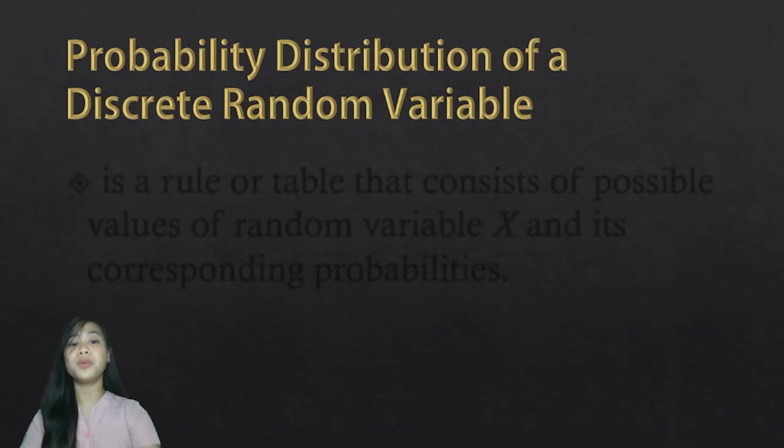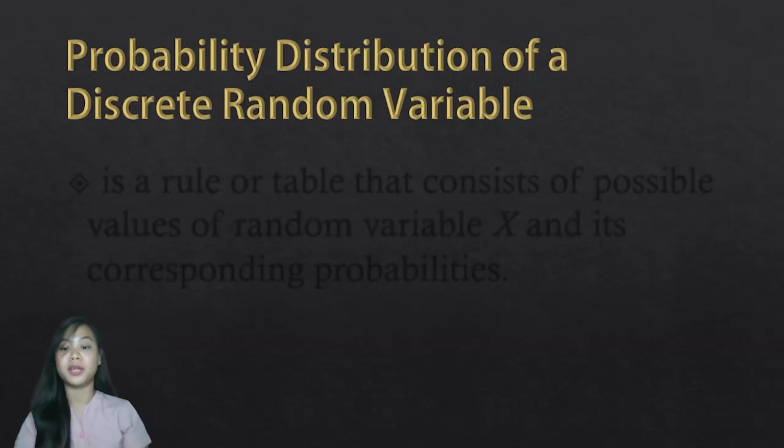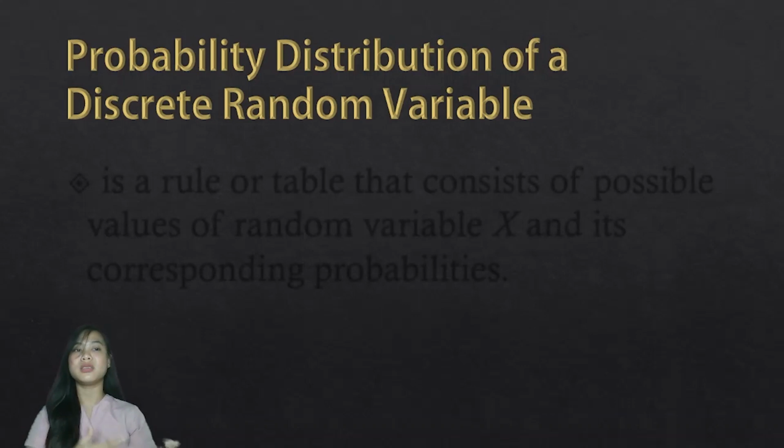So why are we just discussing the probability of the discrete random variable? The discrete random variable has exact outcomes. Again, the discrete and continuous are really different.